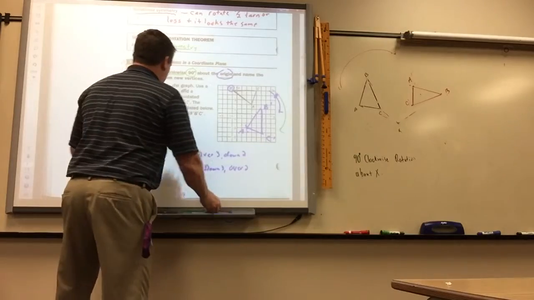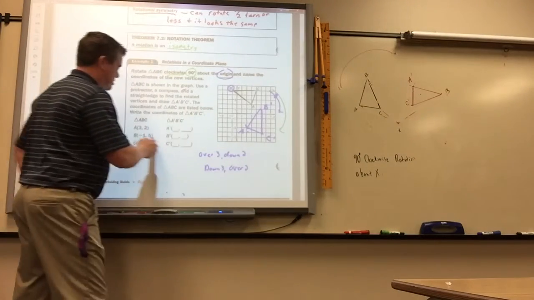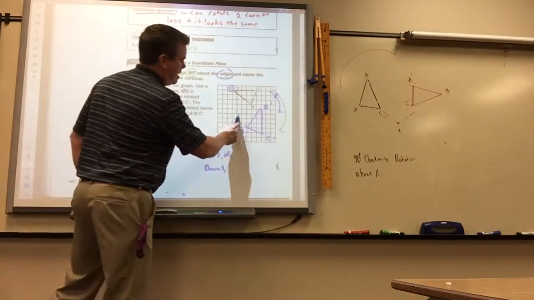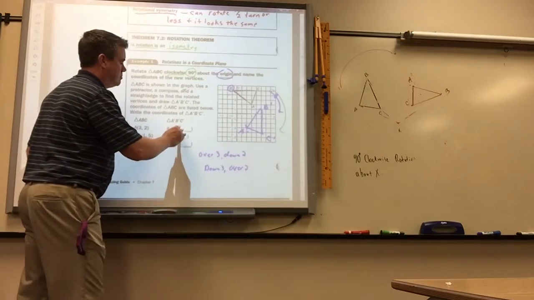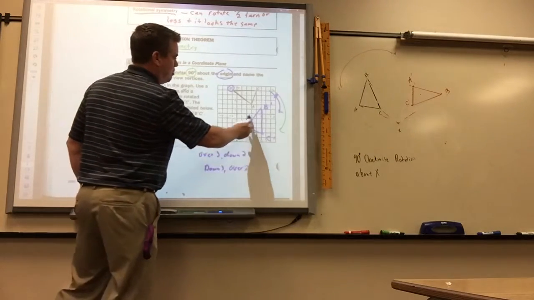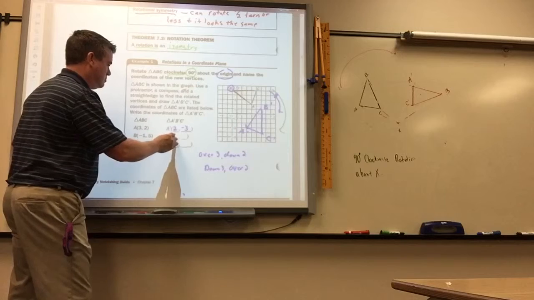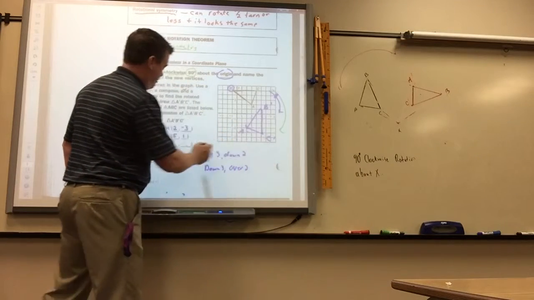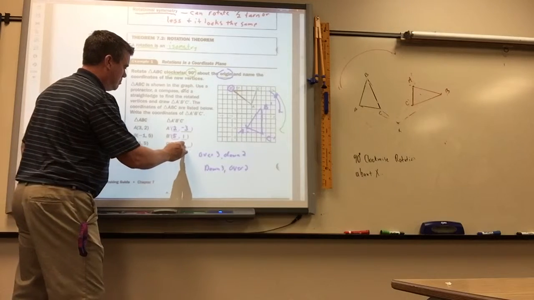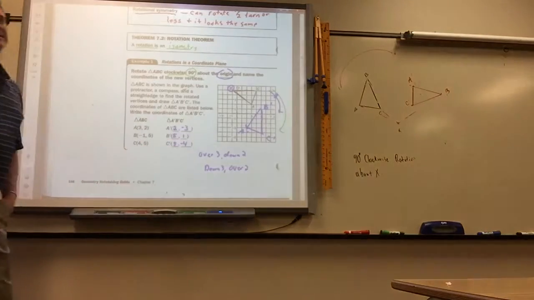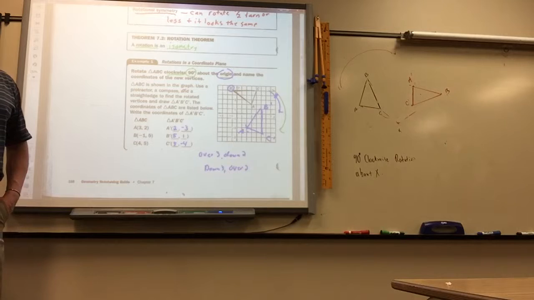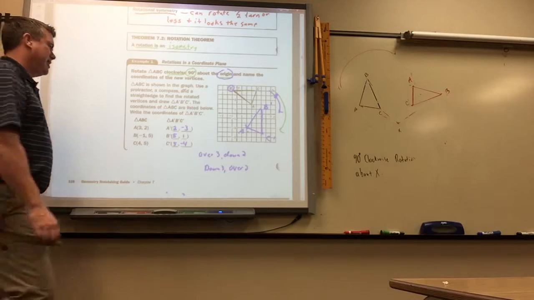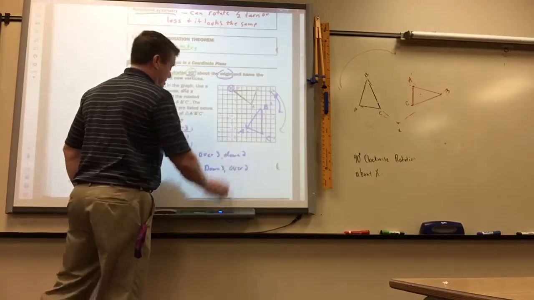And then you got to always list the coordinates. So the new A prime is over 2, down 3. The new B is over 5 and up 1. And the new C is over 5 and down 4. So there is a pattern for these, just like the reflections we did, that works on 90 degrees.